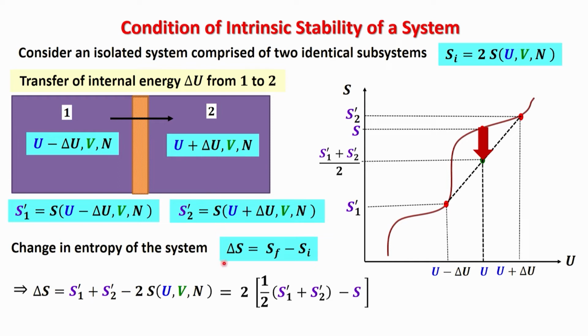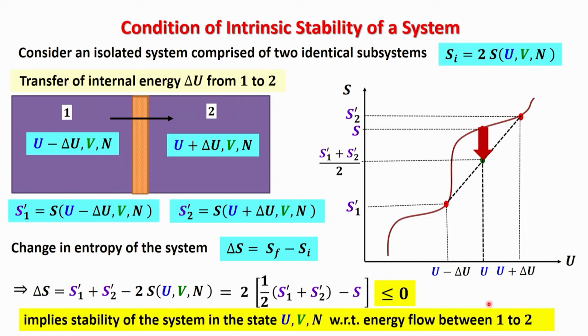And then you would say that since this quantity is negative, therefore, in this case delta S is less than 0, or it may so happen depending on the functional dependence of S on U, it can also be equal to 0, but in both the cases what you will see is the transfer of internal energy will not be spontaneous, or in other words, the system will be stable in the state U V N with respect to energy flow between 1 and 2.